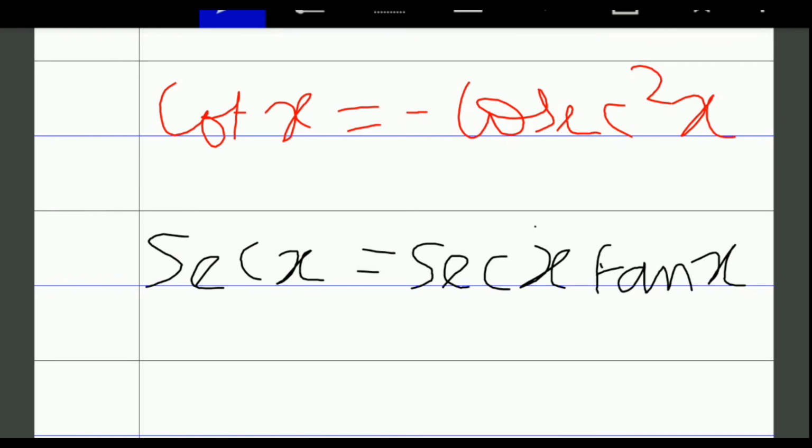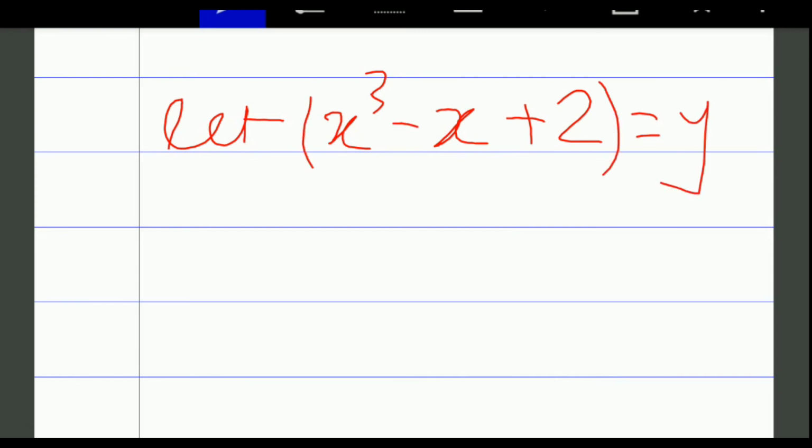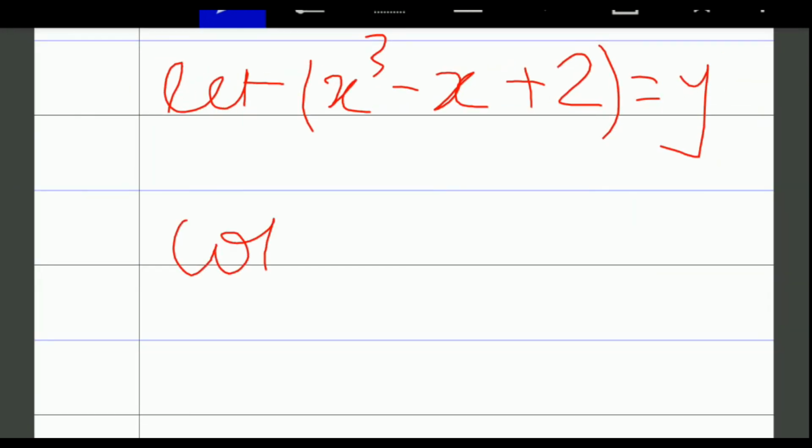So let x cube minus x plus 2 equal y. The question becomes cot y.